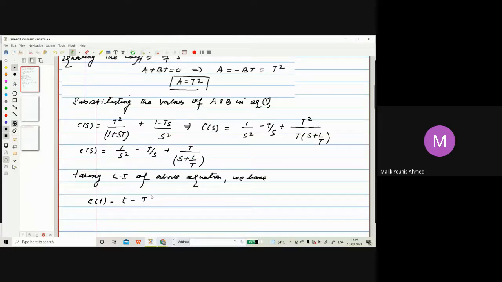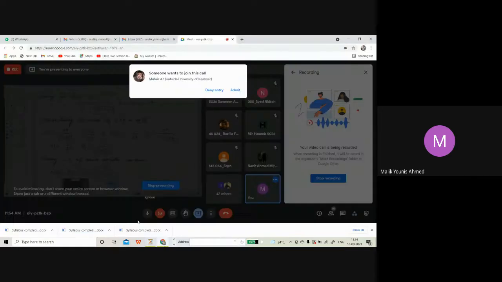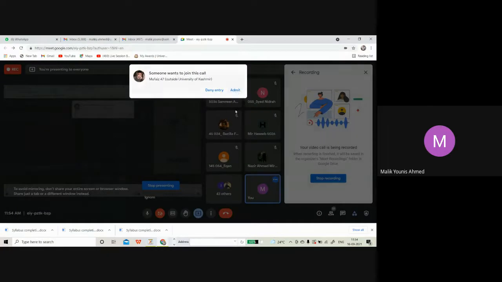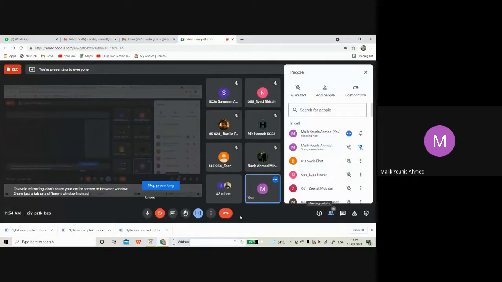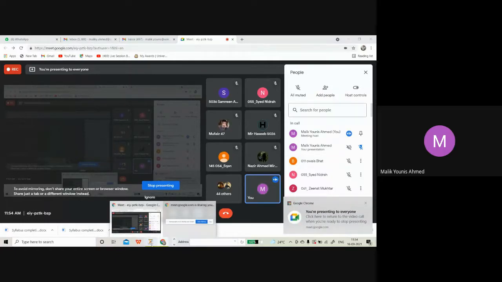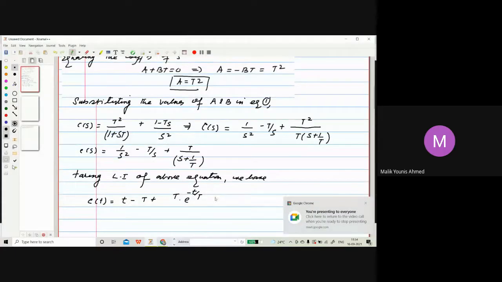So T multiplied by 1 is T, plus capital T multiplied by e raised to power minus T by T. So this is the response which we have got when we have used the step input.